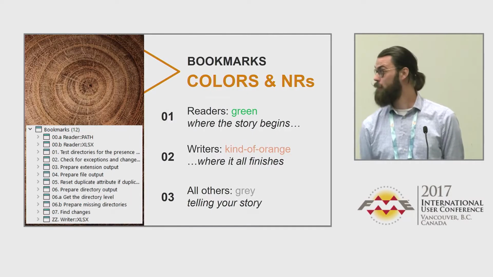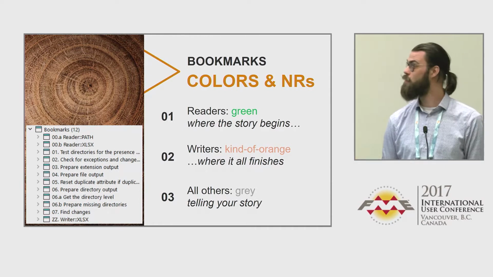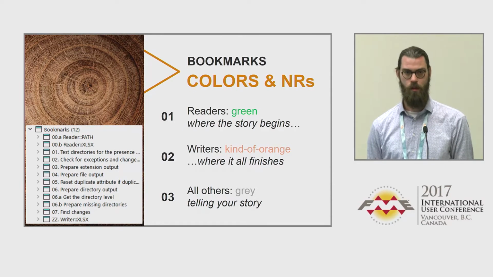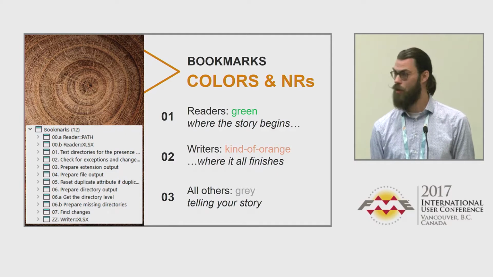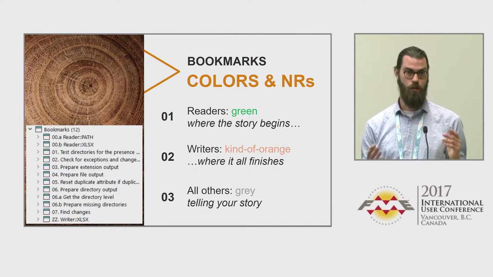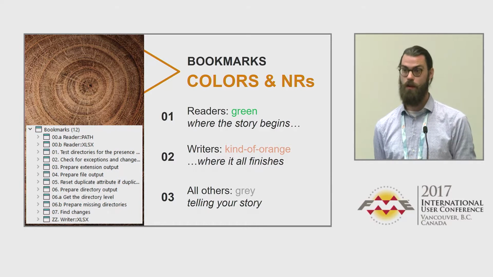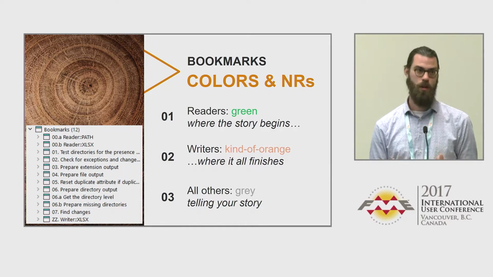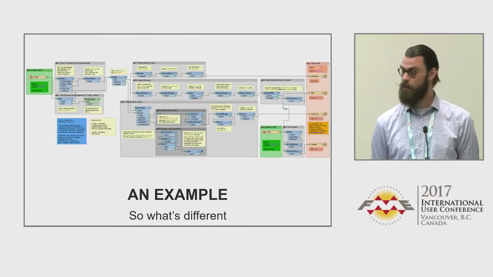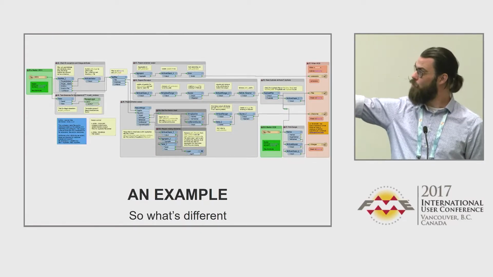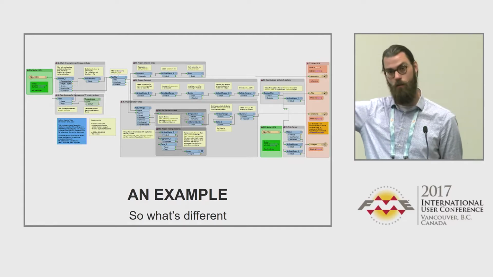So the first thing you probably have noticed were the bookmarks. For every type of bookmark, I use a specific kind of color. All my readers, whether it's a regular reader, a feature reader, maybe a joiner, I put in a green bookmark. So you see that on the left, but also almost at the end of my workspace, I'm reading features.